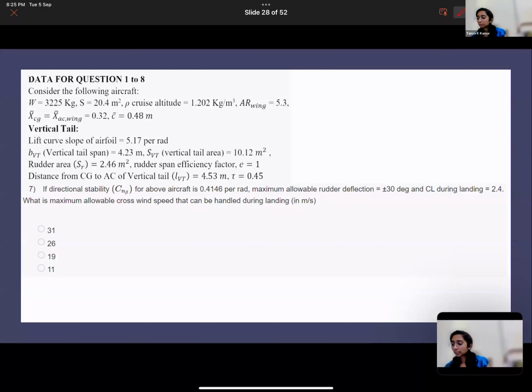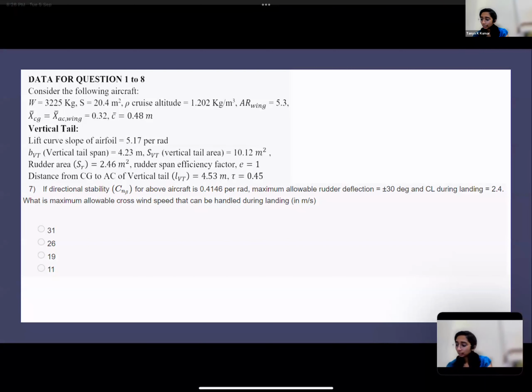What is the maximum allowable crosswind speed that can be handled during landing? Read the question carefully. I'm sure you have tried to attempt this during your assignment. And tell me how to proceed with this. Take a moment, tell me how to proceed with this.